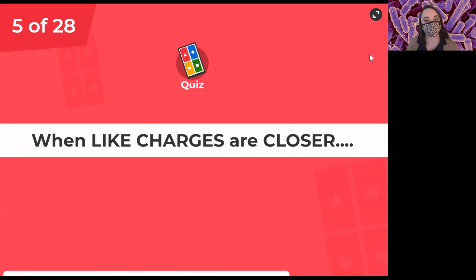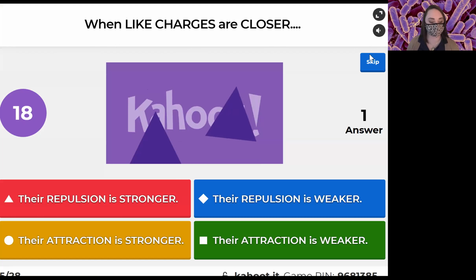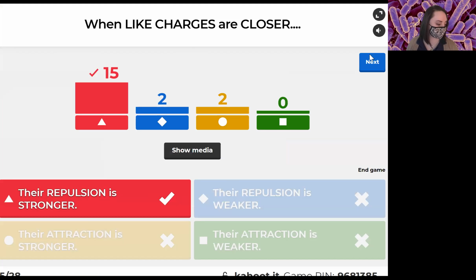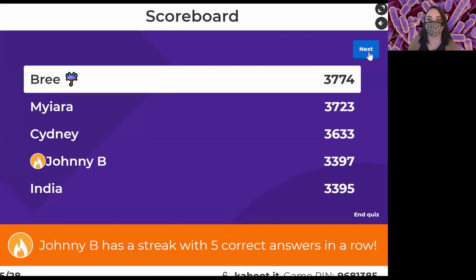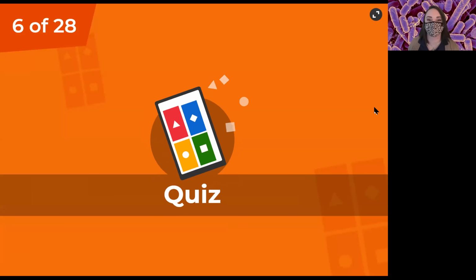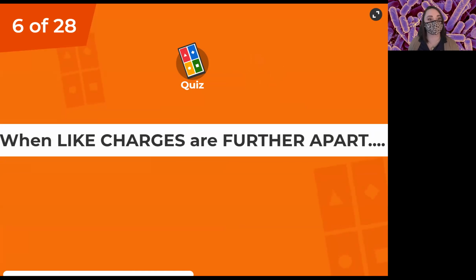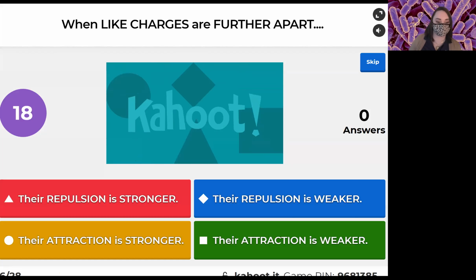When like charges are closer, what happens? Their repulsion is stronger. All right, good. What about when like charges are further apart? What will happen?